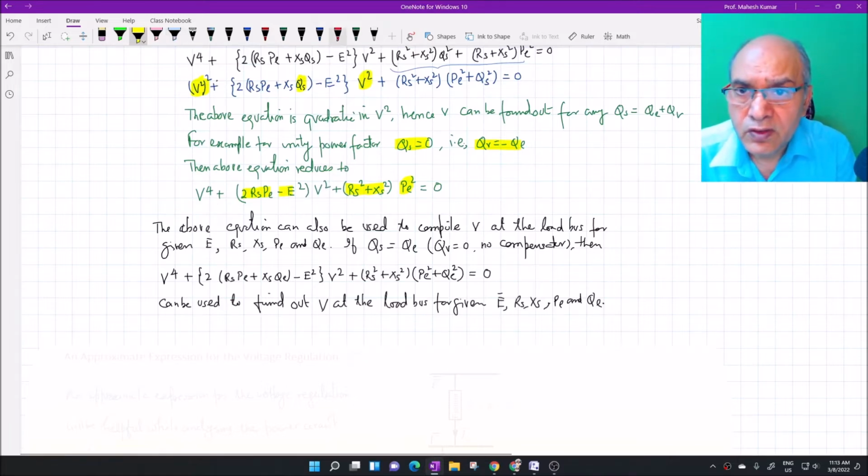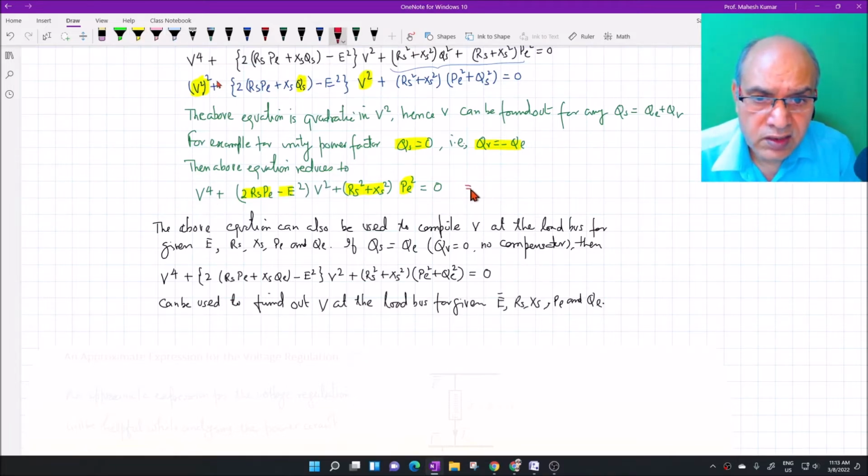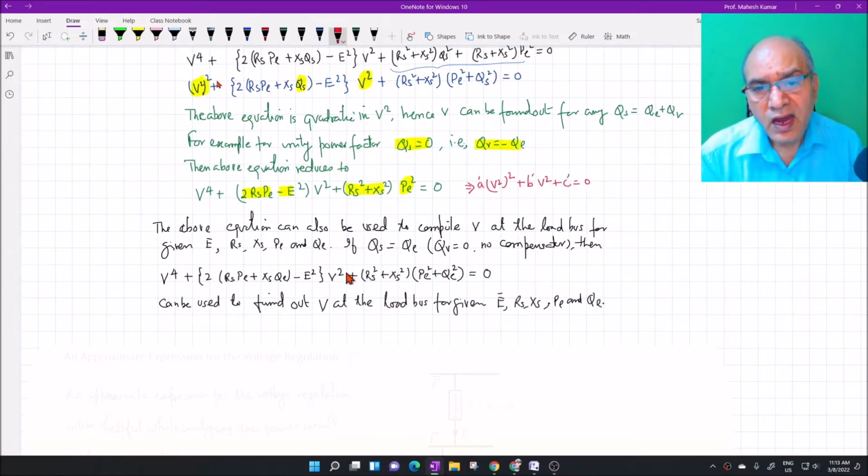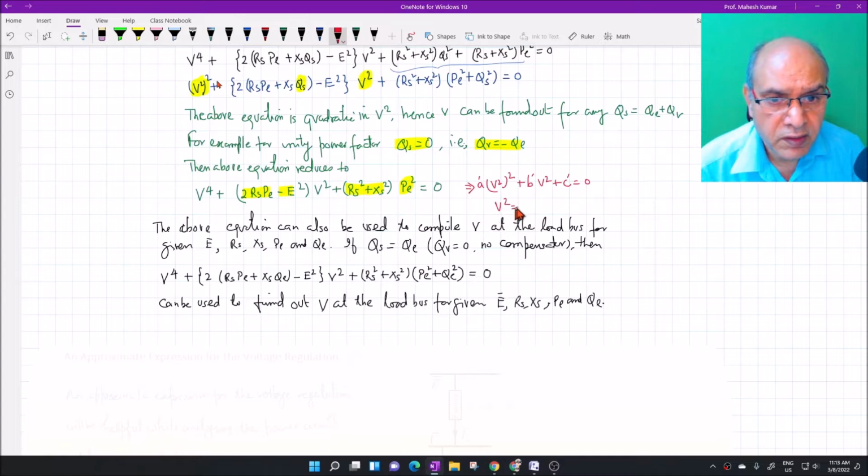So this is again quadratic in B square. You can write this equation as A into B square square plus B into B square plus C equal to 0. And from this we can solve the value of B square, and from B square we can solve the value of B. You can see that B square will have two values, because B square will be minus B plus minus square root of B square minus 4AC, by 2A.